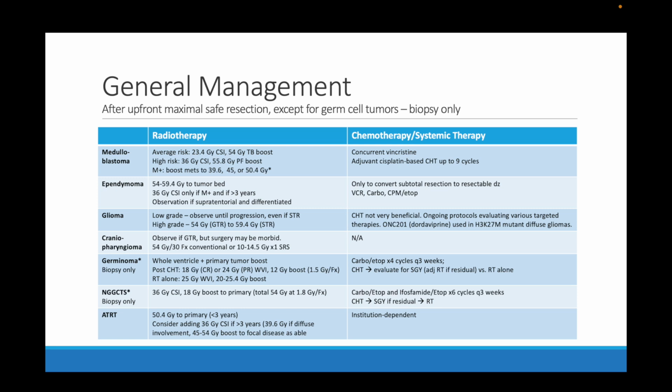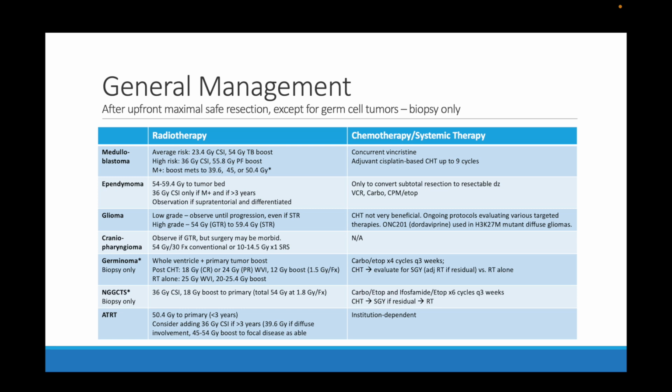So we try for tissue whenever possible, just because it can help us guide management and also understand how to better treat these cancers. But that said, things like germ cell tumors, or if it's impossible to biopsy without causing damage to the brainstem, then oftentimes we have to forego the tissue diagnosis.